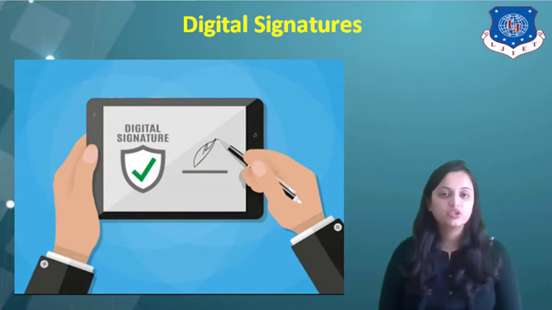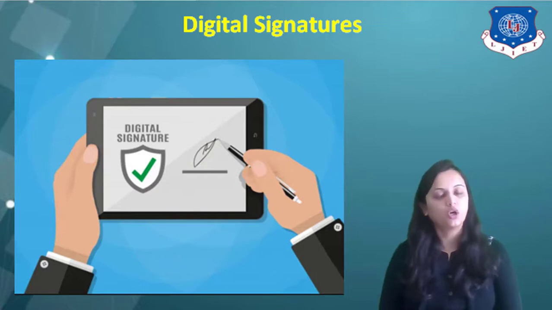So, in summary, the point is that digital signatures are useful when some conditions are satisfied, and after that it is very convenient to use them to sign documents digitally rather than physically.